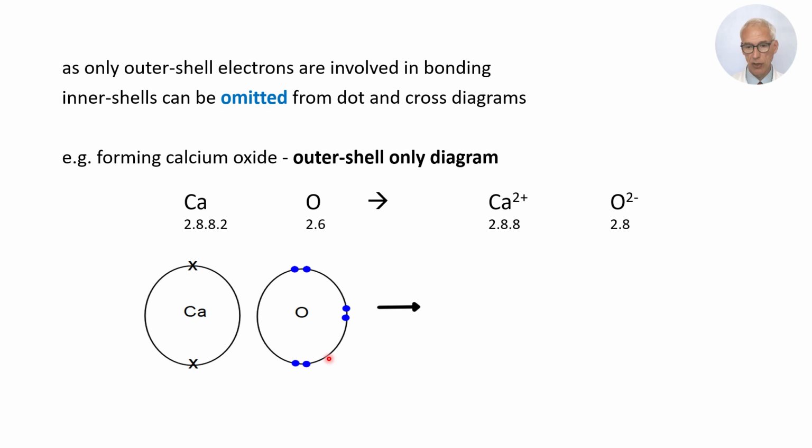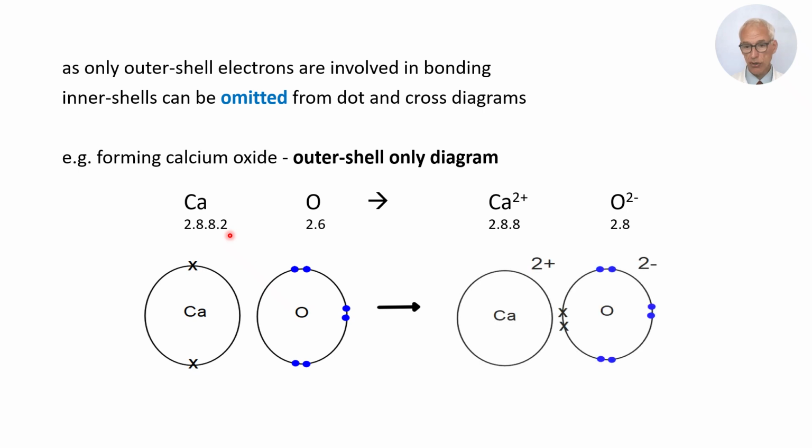The calcium ion 2 plus has lost the 2 electrons, so its outer shell is now empty. So we very often draw an empty outer shell and put 2 plus clearly alongside the calcium particle. So that's a calcium 2 plus ion.